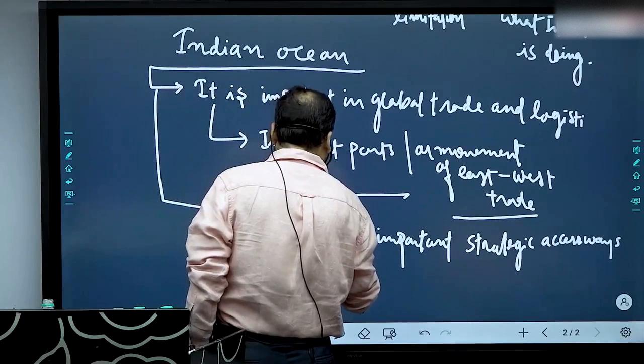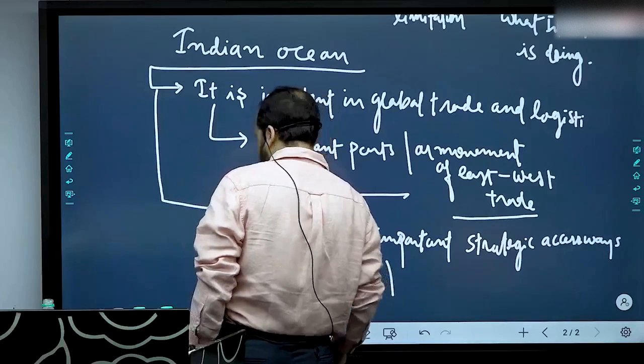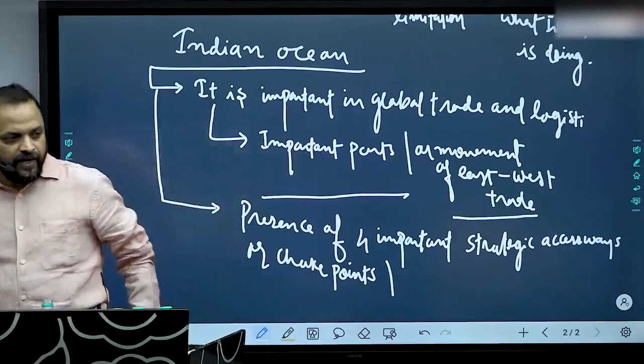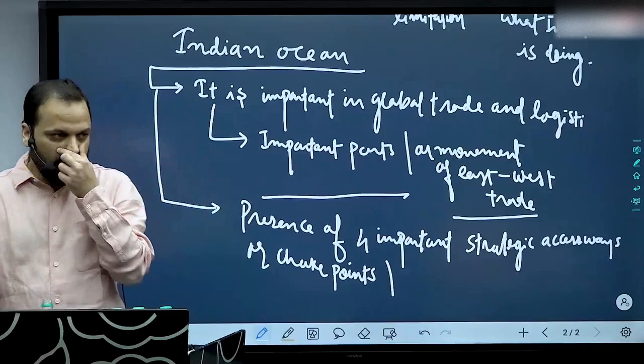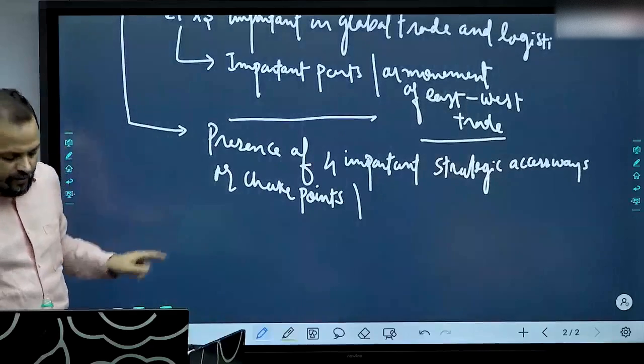I hope you will be able to identify them on the map, and if there is a question in the examination, it would simply be where it is located and what it connects. What are the four important strategic accessways that we talked about?